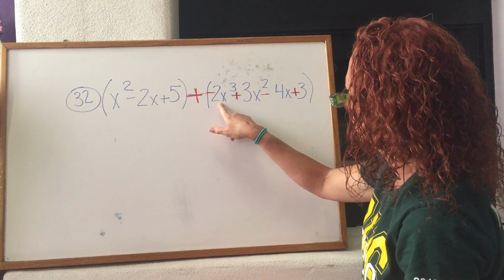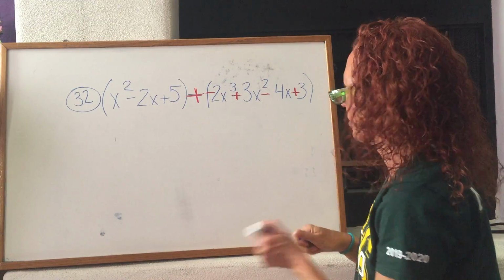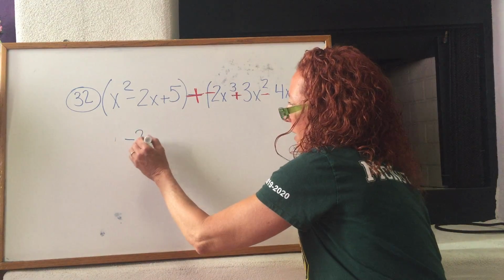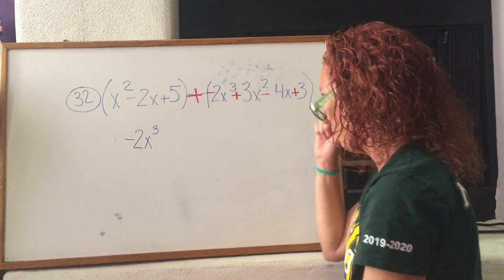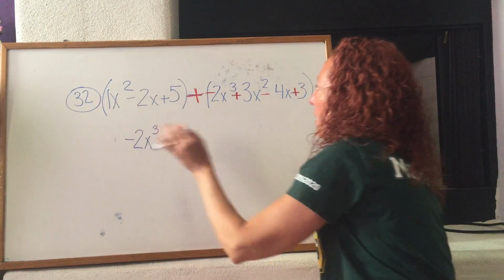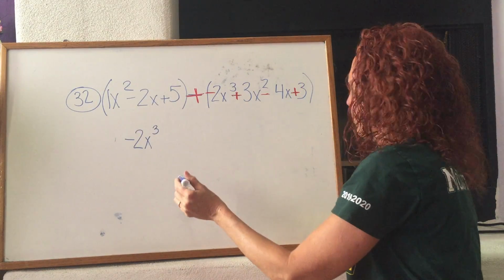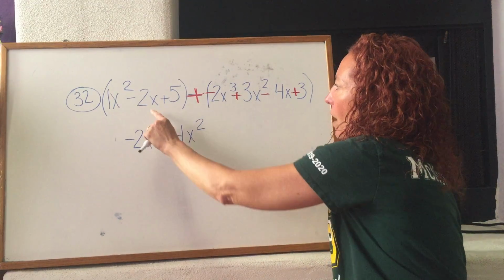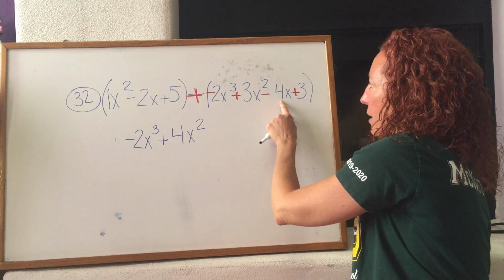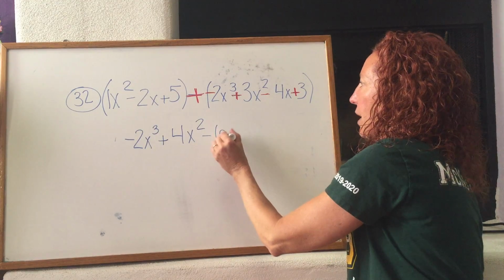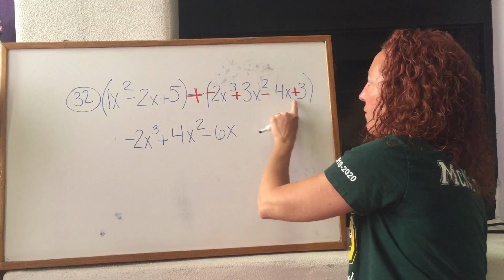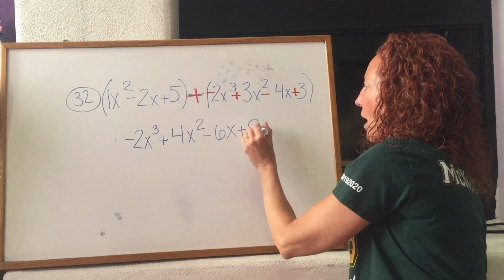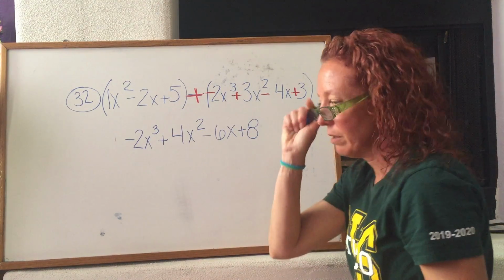So there are no other x to the thirds. So it's going to start off negative 2x to the third. I have a 1 here and a positive 3x squared here, so plus 4x squared. I have a negative 2x and a negative 4x, so minus 6x, and 5 and 3 add to 8.